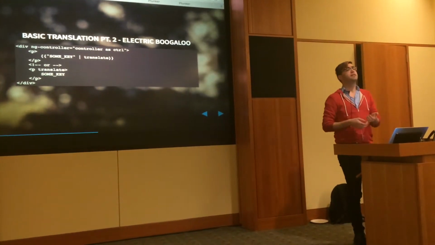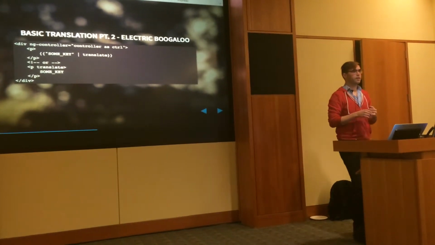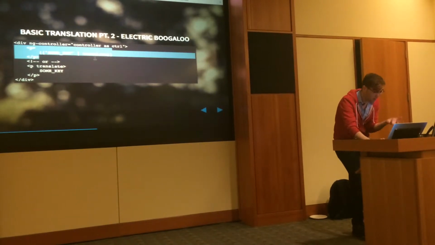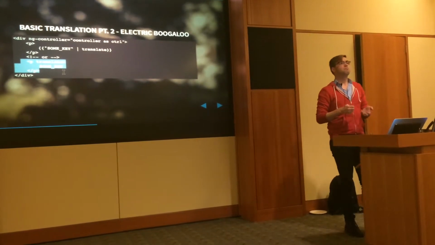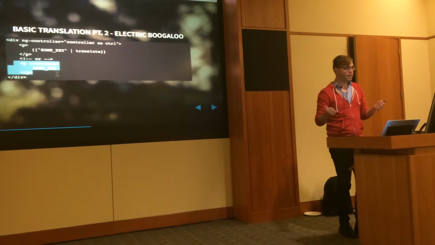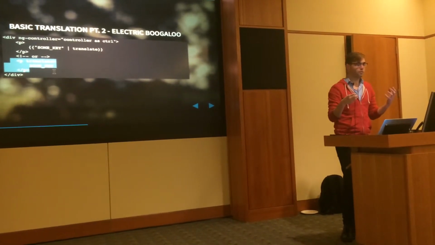So there's a couple other ways that you can run translate. The second is you can actually use it as a directive. You can see we've got our first one here where we use our filter. The second is we use a directive. So on any tag, doesn't really matter, add translate as an attribute and then put the key inside of the directive and it will translate for you.